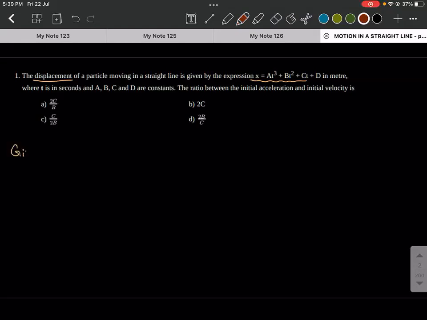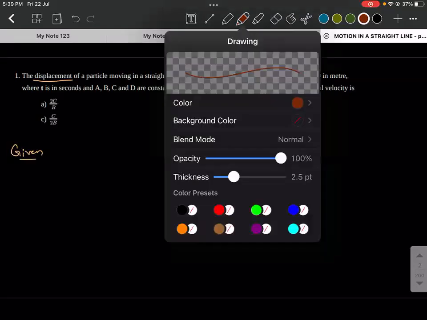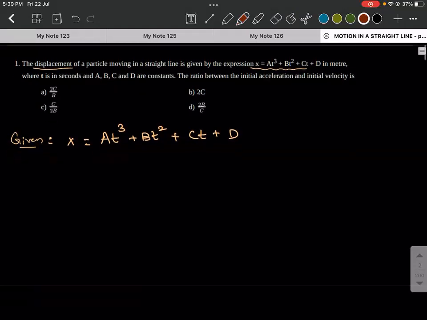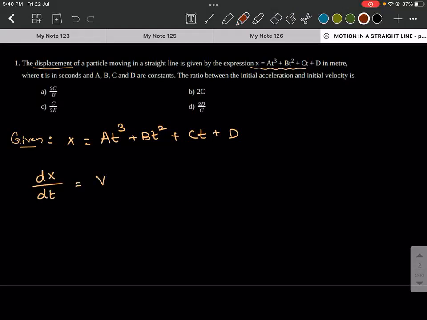So given data is x is equal to at cube plus bt square plus ct plus capital D, where t is measured in seconds. So ratio between the initial acceleration and initial velocity. So if I take dx divided by dt, this is going to give me velocity.